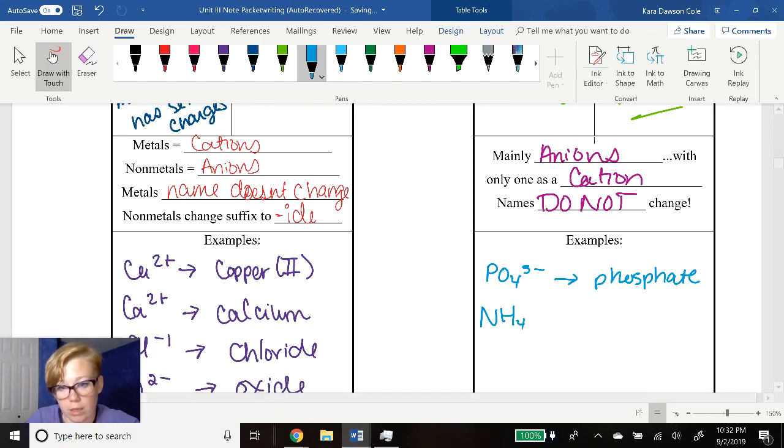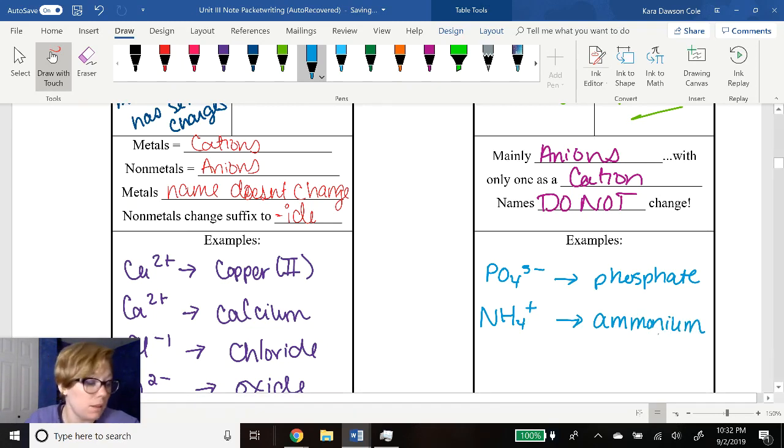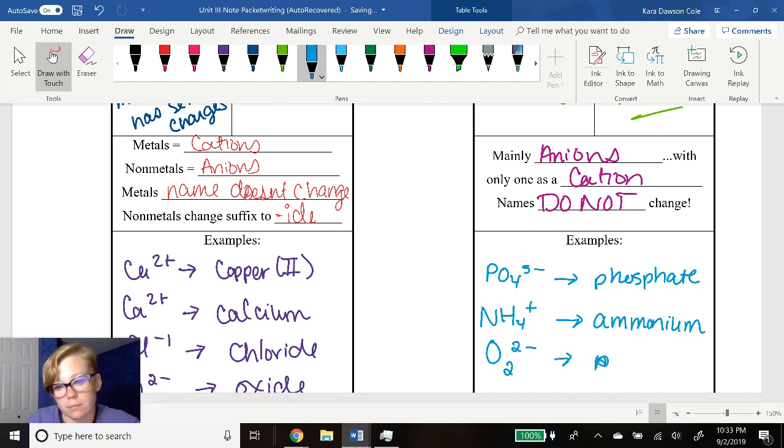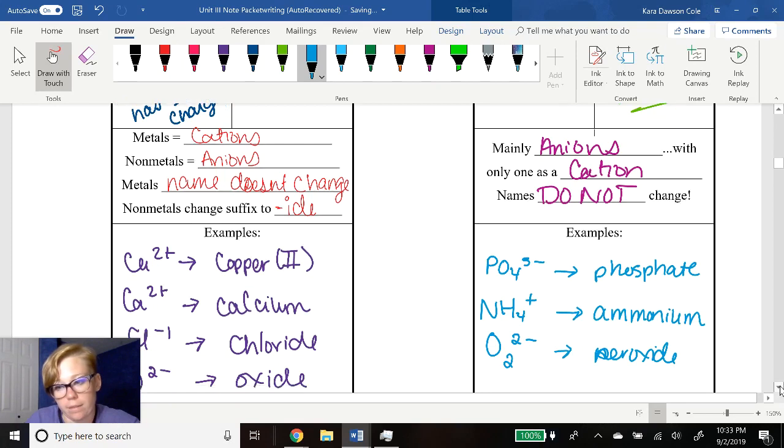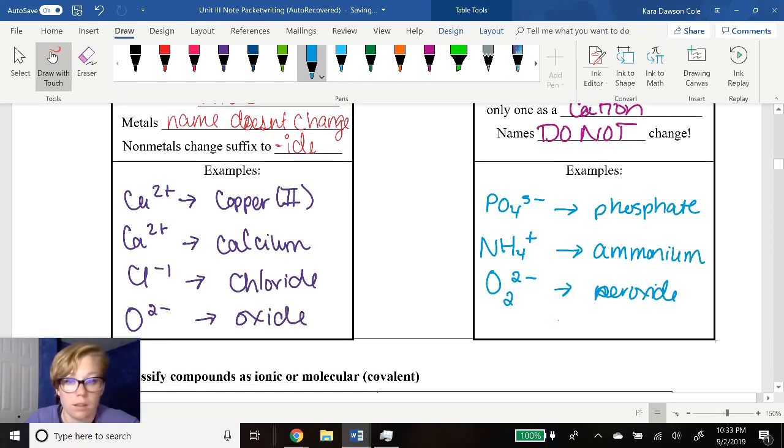It's the only positive ion for polyatomic. I have peroxide, which is O2 2-. And I also have cyanide.